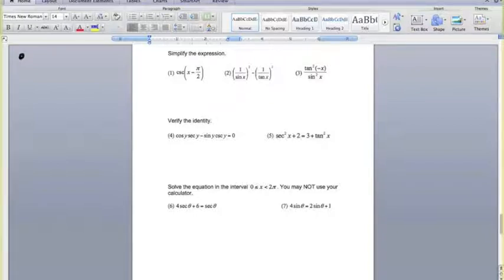So for number one, the first thing I'm going to do is turn this thing into 1 over sine. Cosecant is the reciprocal of sine, so I can turn cosecant into 1 over sine. Then there is an identity for sine of pi halves minus x, or x minus pi halves, and that is the same thing as cosine.